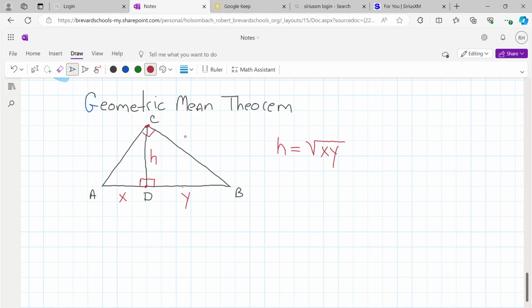Let's add a lowercase b right here, a lowercase a representing side CB, and then this overall distance right here, all of AB.